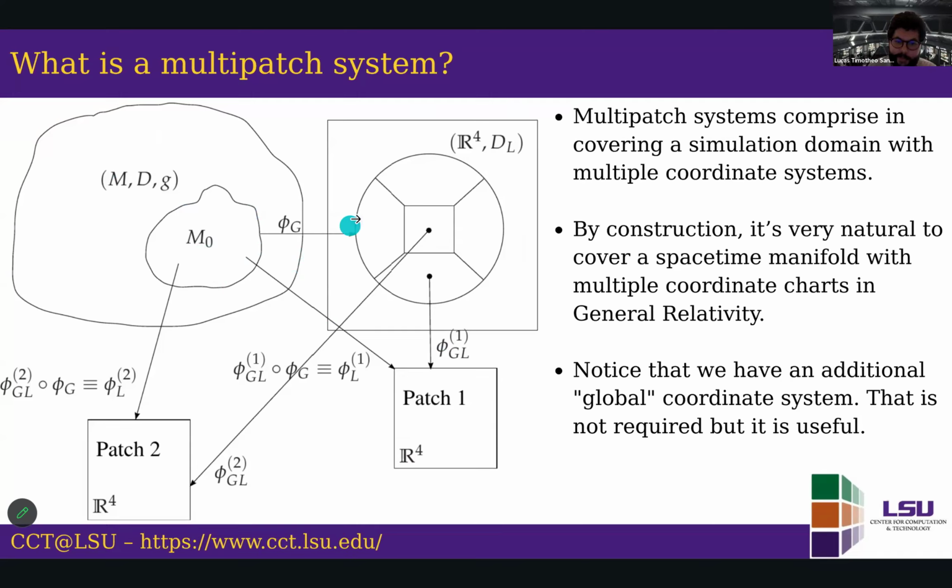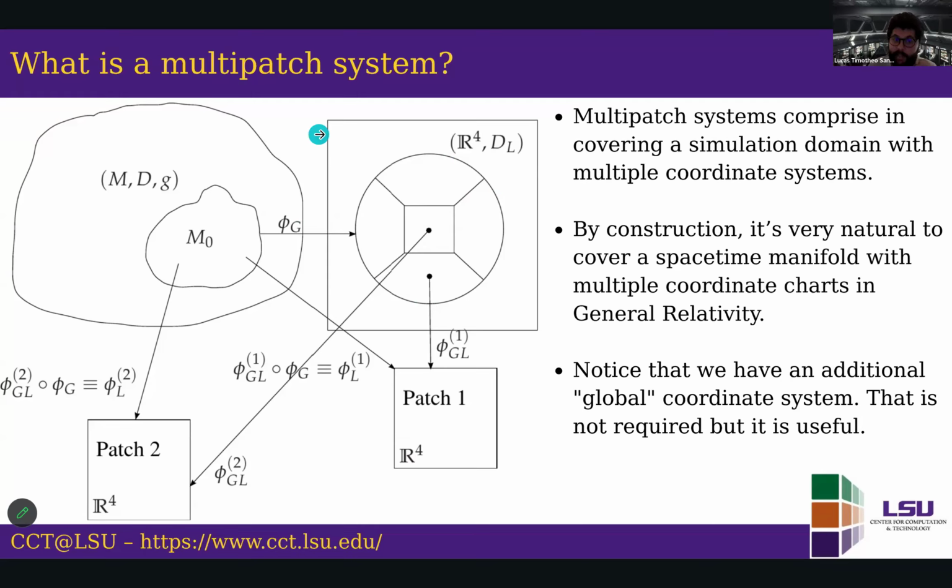But within this global Cartesian coordinate system, you can define different coordinate patches and coordinate charts that, of course, cover the global domain, but when you embed them in this global Cartesian system, they're going to have some sort of symmetry effect, right? So you can have spherical-like coordinate systems and such by doing that. And that is, like I said, very natural in numerical relativity.